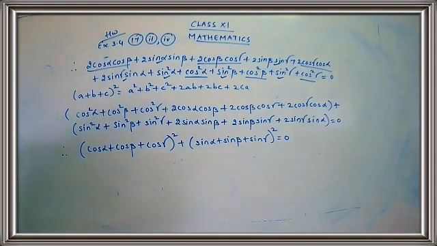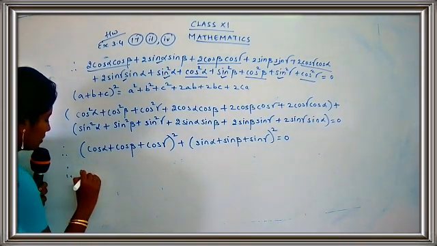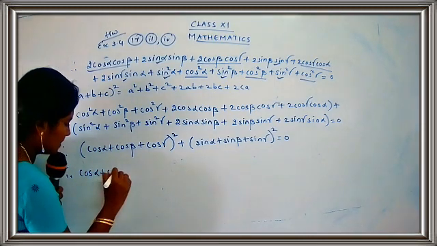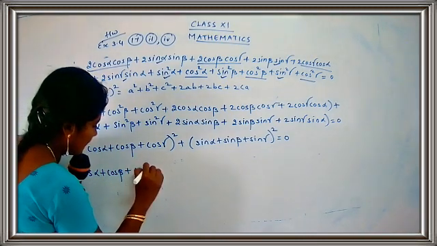And here in the question we need that cos alpha plus cos beta plus cos gamma is equal to sin alpha plus sin beta plus sin gamma is equal to 0. So I can say therefore cos alpha plus cos beta plus cos gamma is equal to 0.